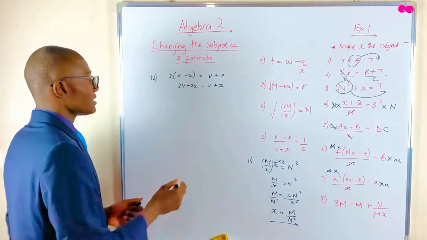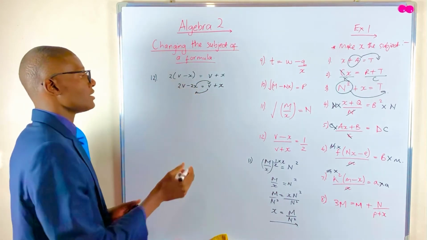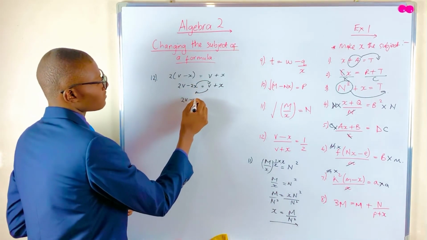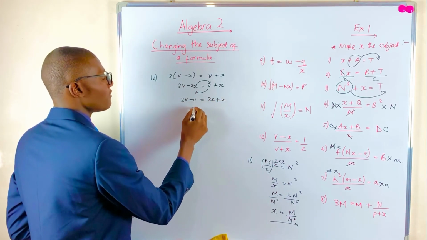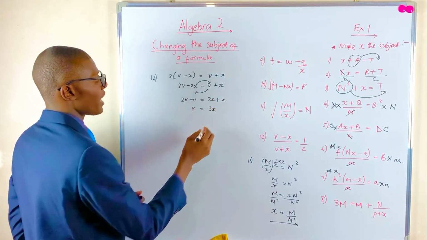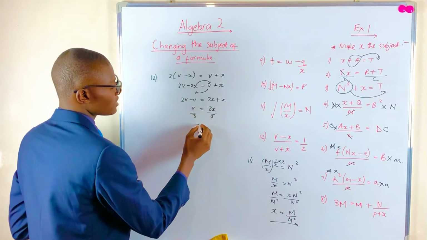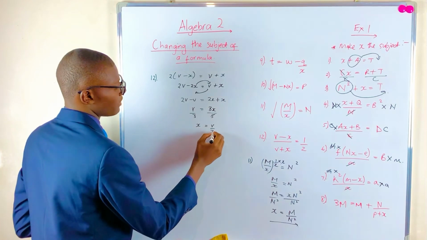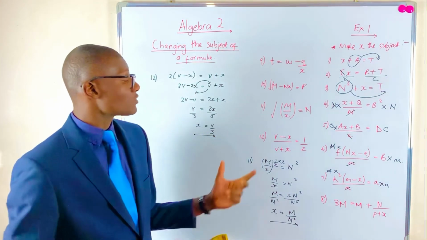Then grouping like terms, we take v this side and minus 2x that side, such that we've got 2v minus v being equal to 2x plus x. Then v would be equal to 3x, and dividing both sides by 3, x would be equal to v over 3. So this would be the final answer that we get for number 12.